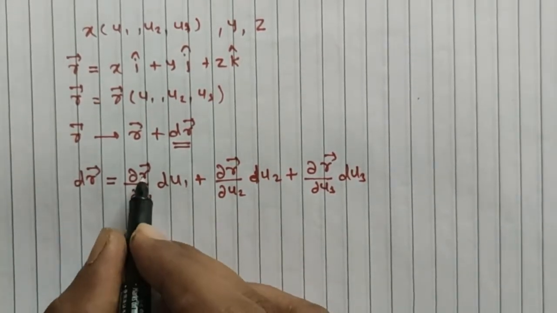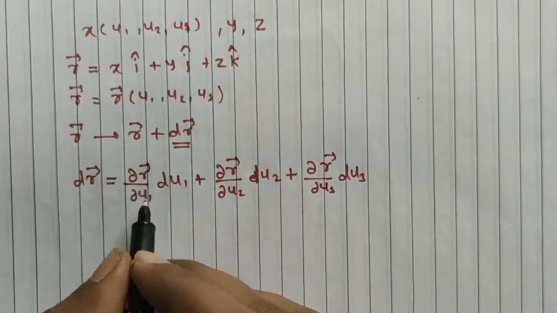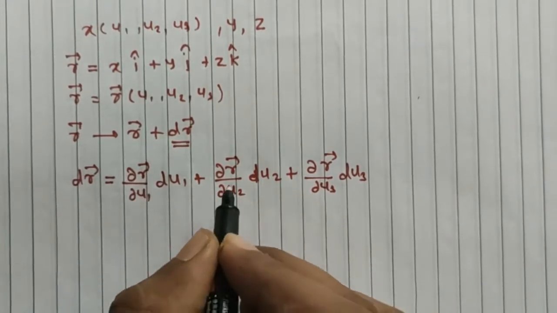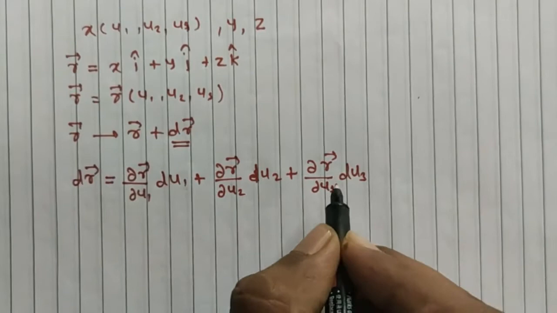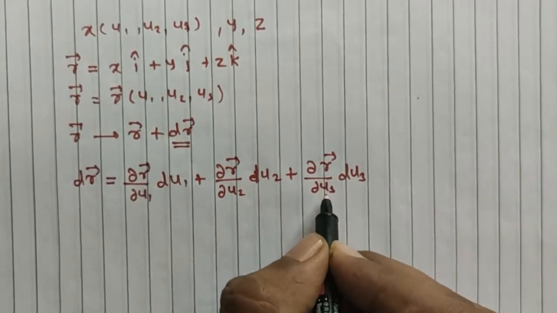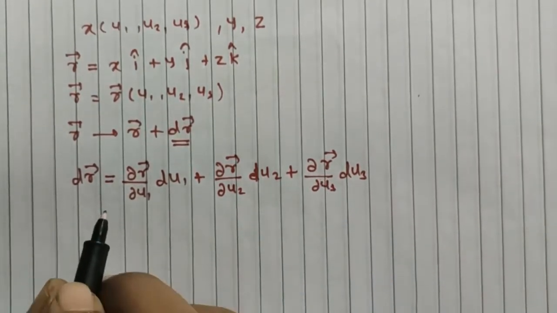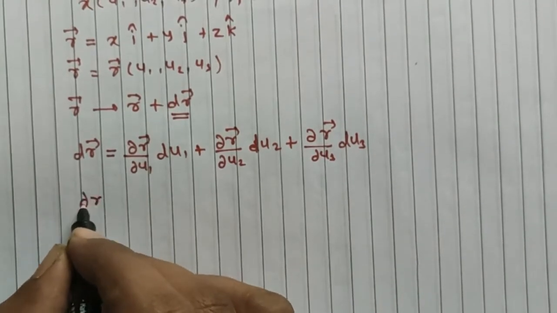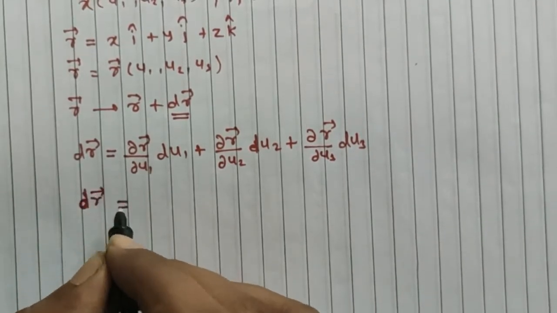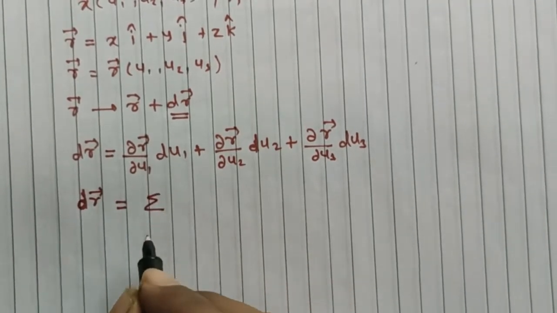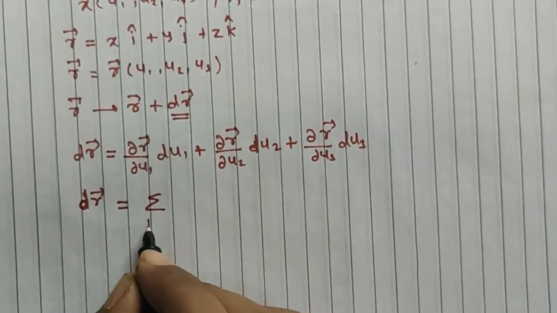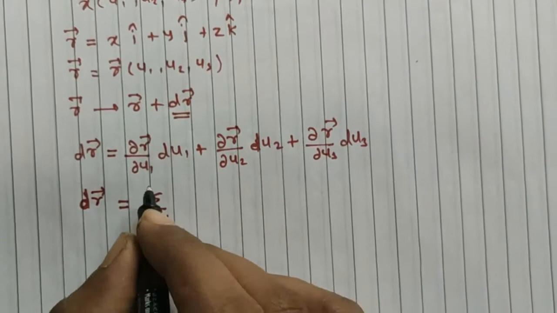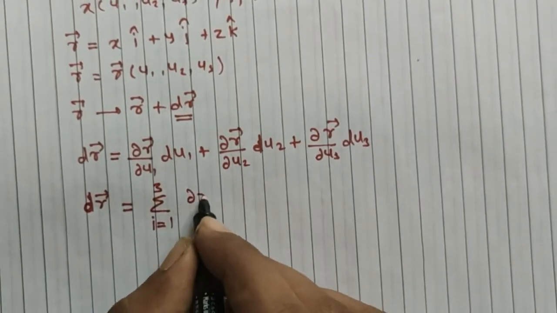You can see here for r bar, I took the derivative with respect to u1, here I took the derivative with respect to u2, and here I took the derivative with respect to u3. Now I can write it in terms of summation. So dr bar is equal to the summation running over i equal to 1 to 3 of del r bar by del ui dui.